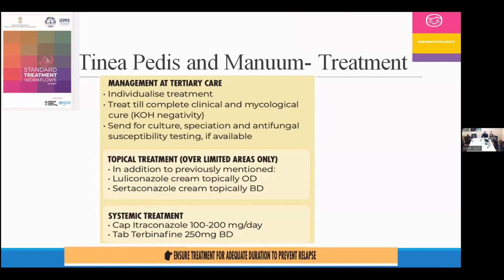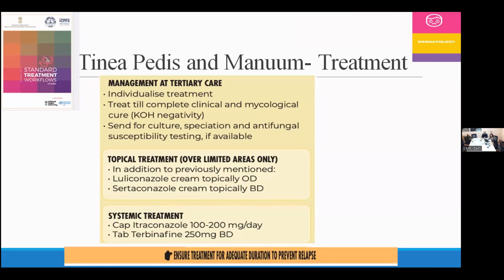At the tertiary care level, for the sake of completion, we have given that this is the only place where, if the patient has persistent, recurrent, chronic dermatophytosis, you may individualize treatment and start therapy following antifungal susceptibility testing if it is available at this level. And we've also capped itraconazole, which we felt should be more appropriate here.